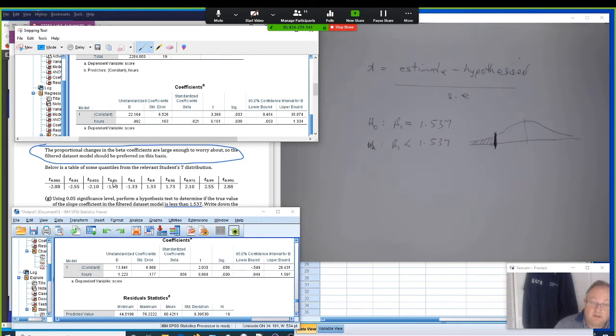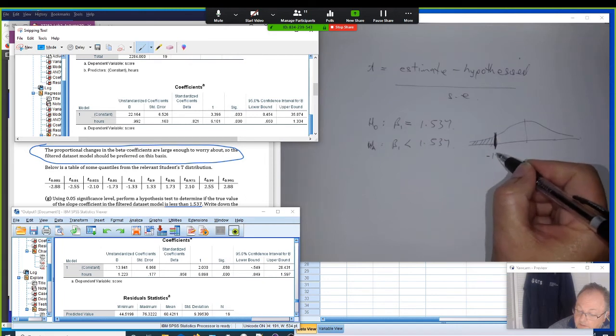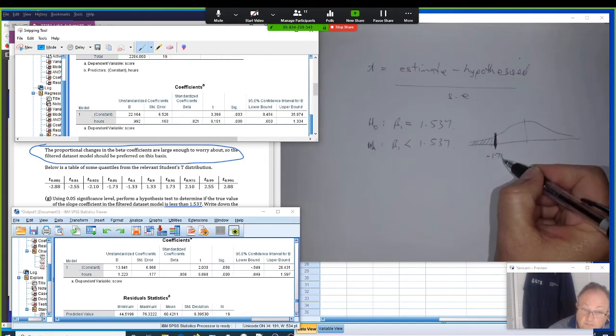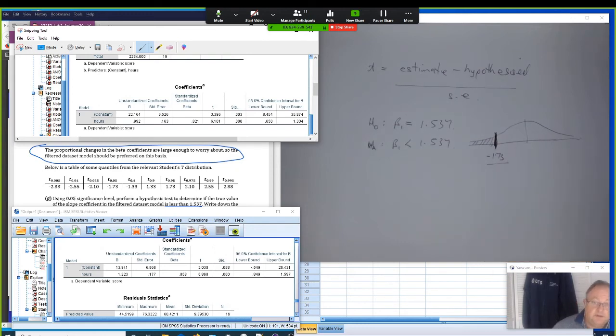There it is there. Minus 1.73 value. That's our comparison value. That's the critical value with degrees of freedom from your student's table.